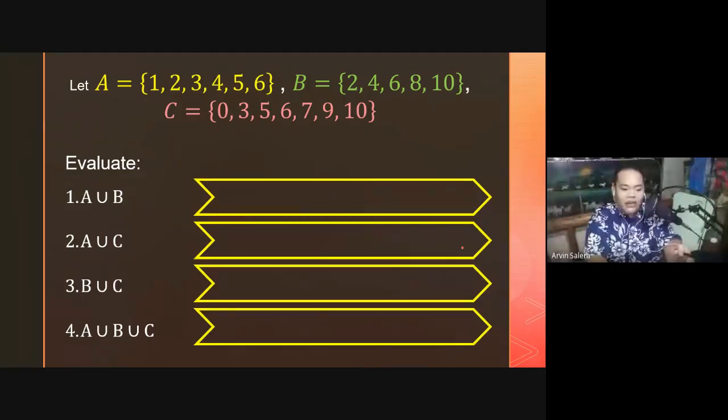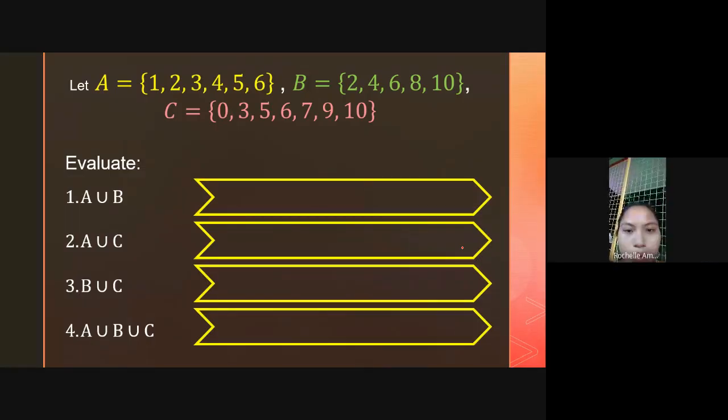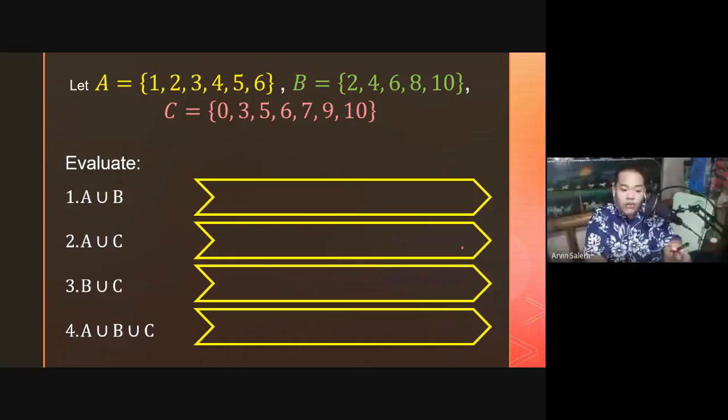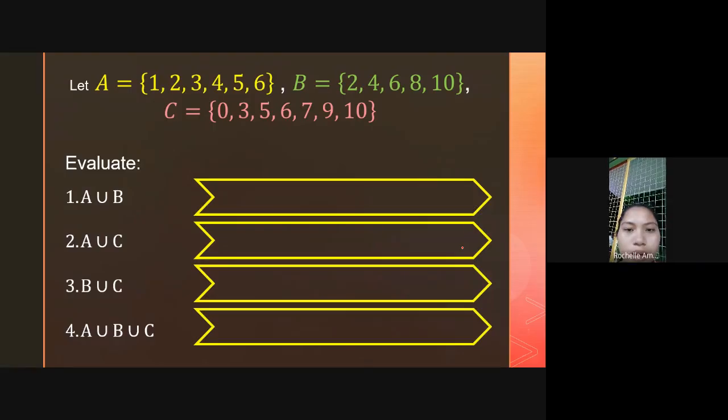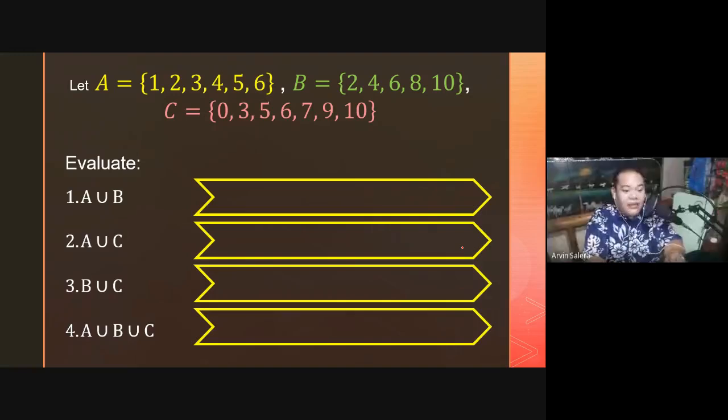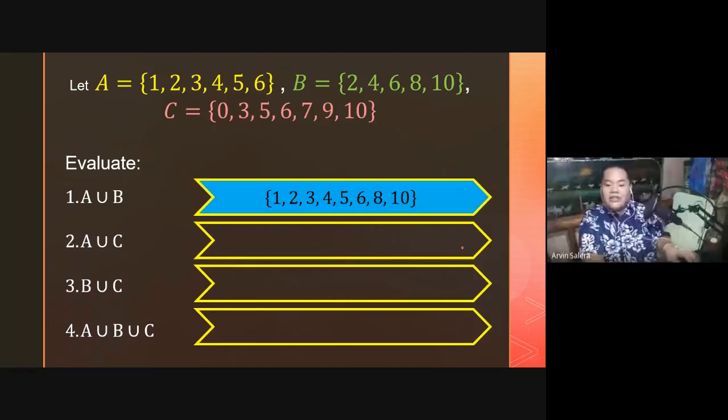So A union B is 1, 2, 3, 4, 5, 6, 8, 10. Isuwat lang og kausa ang mga numbers nga nagbalik-balik.